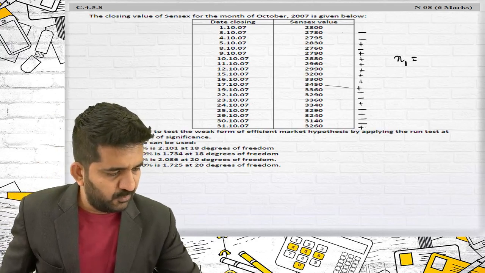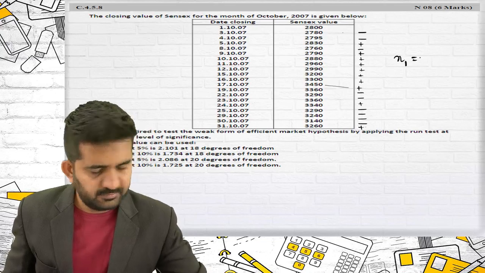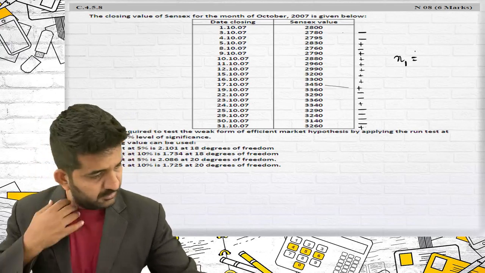Number of positive changes, n1, counting: 1, 2, 3, 4, 5, 6, 7, 8, 9, 10, it's 11.